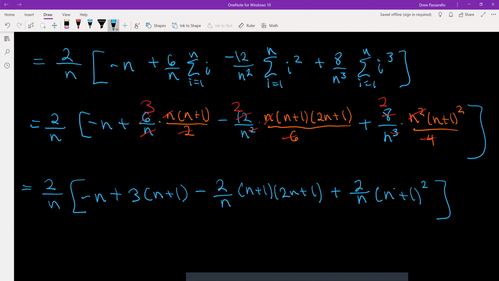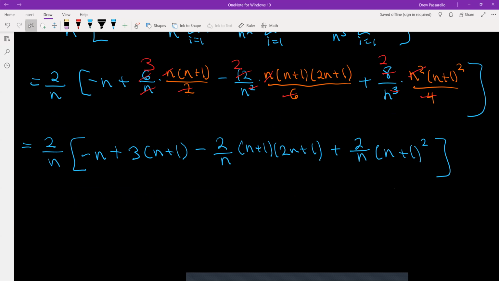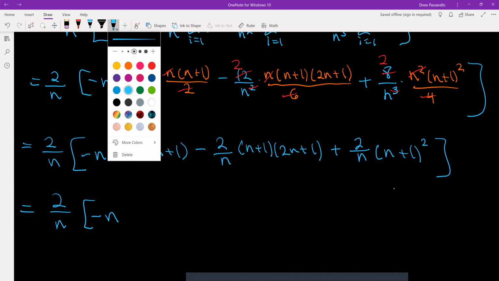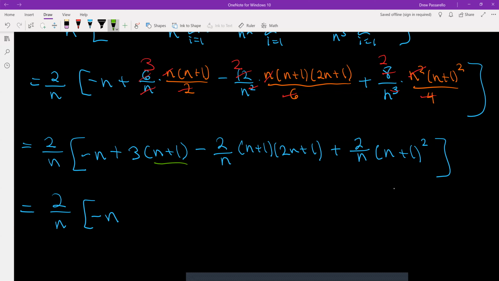Okay, let's see. This is just from experience as far as simplifying stuff. Now you could distribute the 3, you could distribute the 2 over n. To me, to reduce the amount of work, I noticed that I have n plus 1 in these 3 terms.